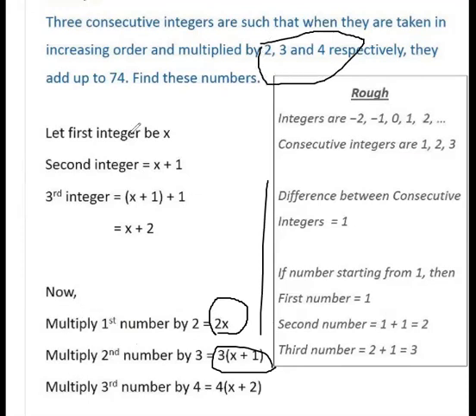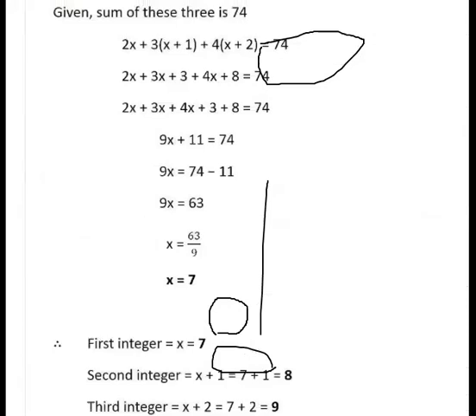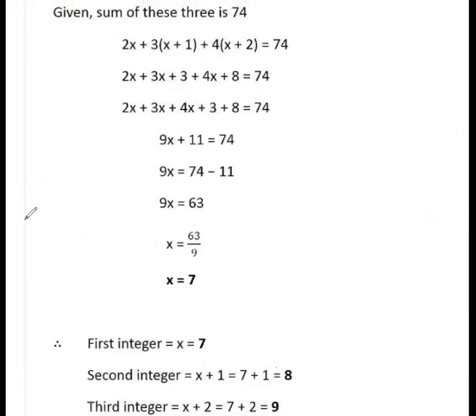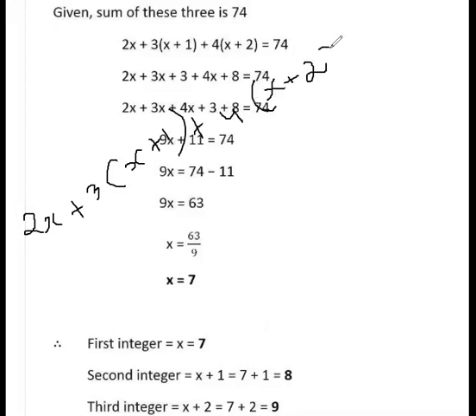So multiply the first with 2, the second with 3, and the third with 4, which will give us this result: 2x plus 3 bracket x plus 1 plus 4 bracket x plus 2 gives us 74.